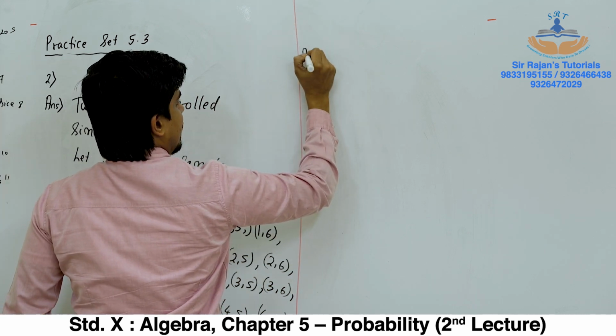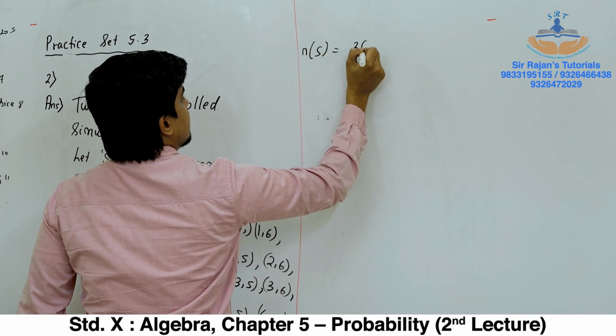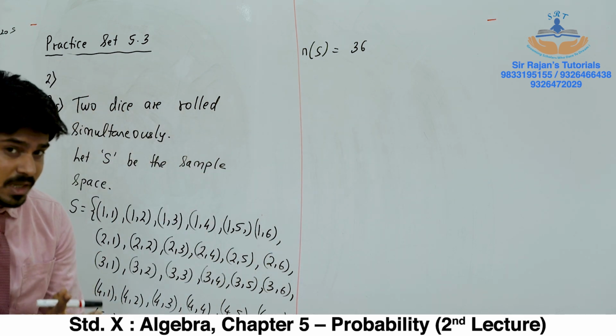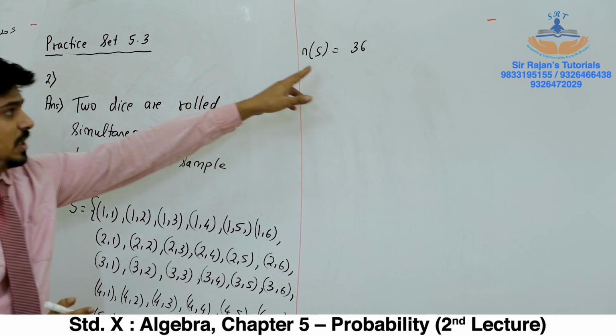Then you will write n of S is equal to 36. So question में क्या बोला था लिखने को? S लिखने बोला था, n of S लिखने बोला था, S हो गया, n of S हो गया.